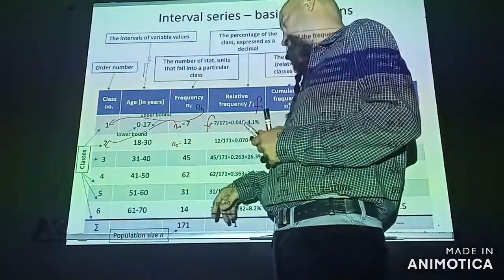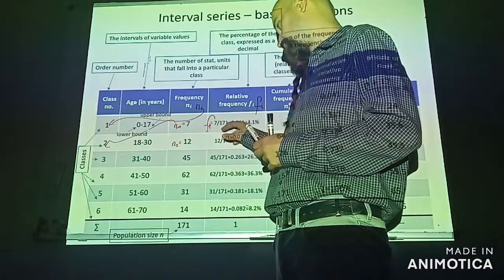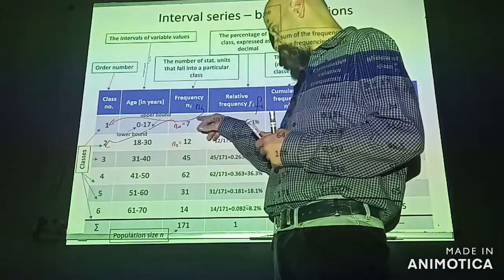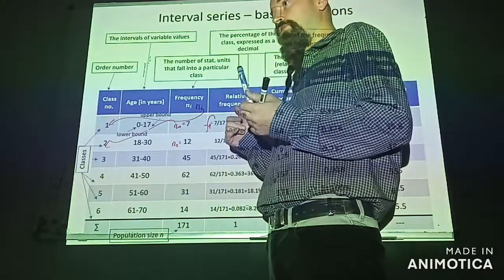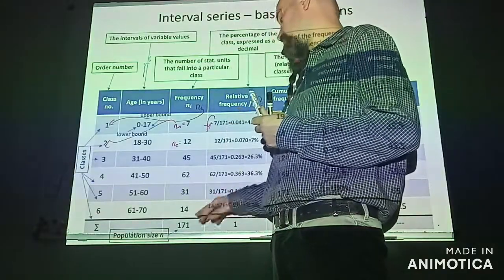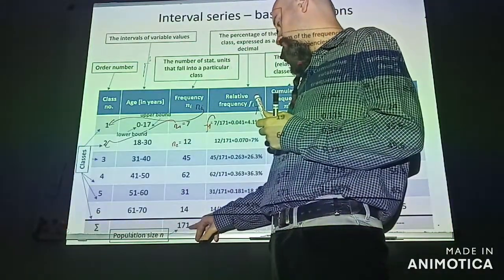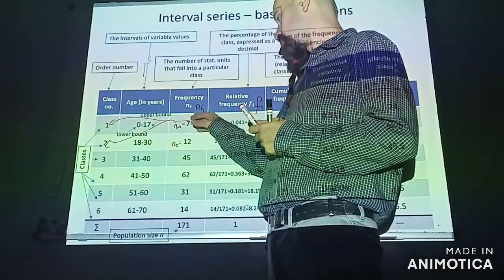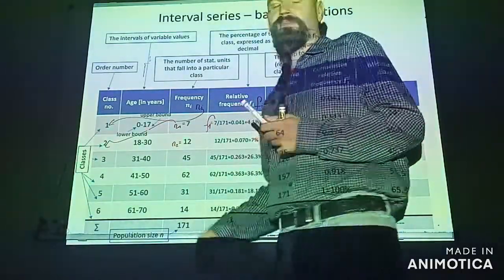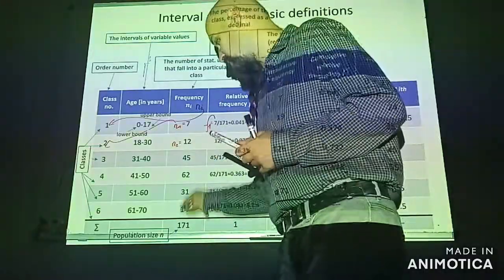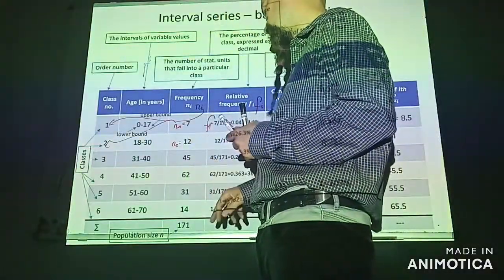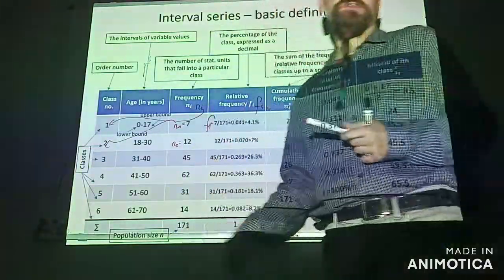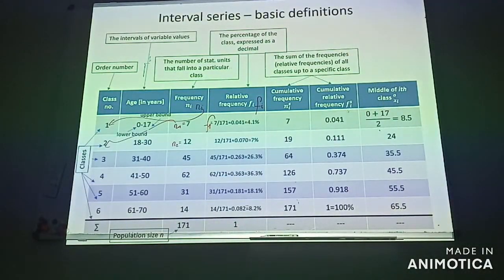How to obtain that amount? We must know the population size. The population size is a consequence of summing the previous column. We sum up all the people from all classes. 7 plus 12 plus 45 and so on gives us 171 people. This is the population size.